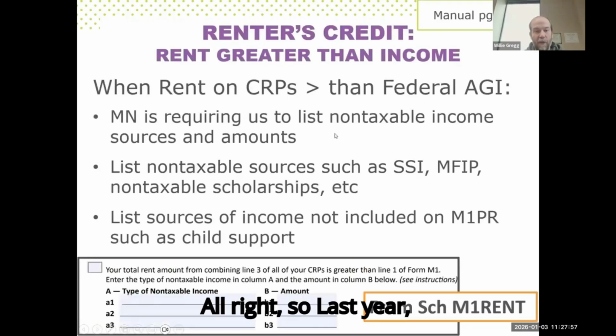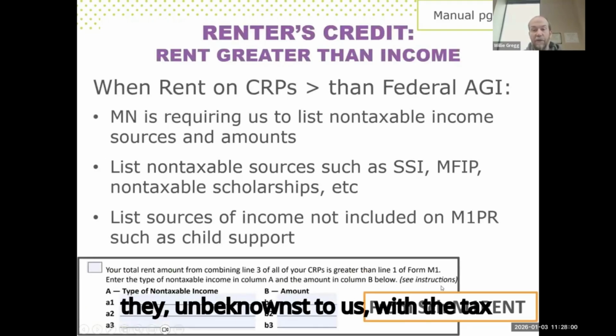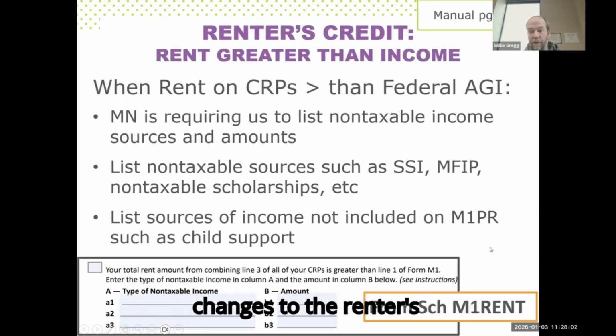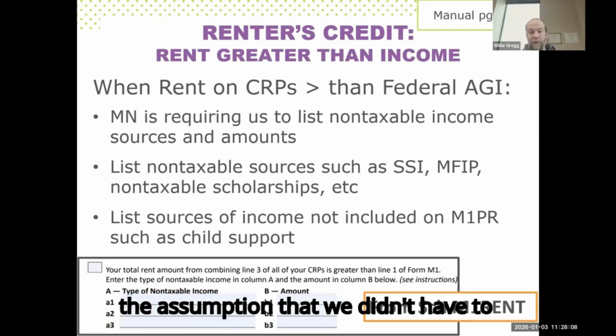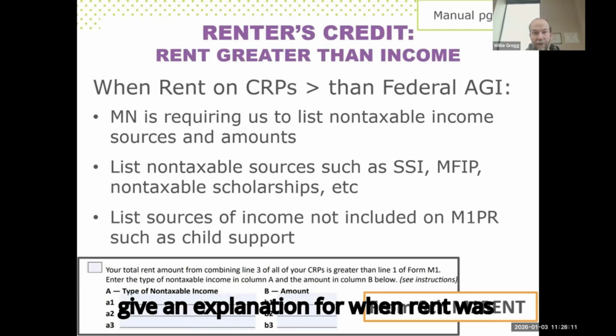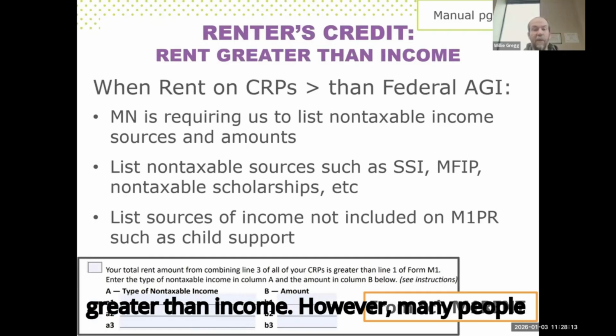All right, so last year, unbeknownst to us, with the tax changes to the renter's credit, they snuck in a little provision. Last year we were under the assumption that we didn't have to give an explanation for when rent was greater than income.